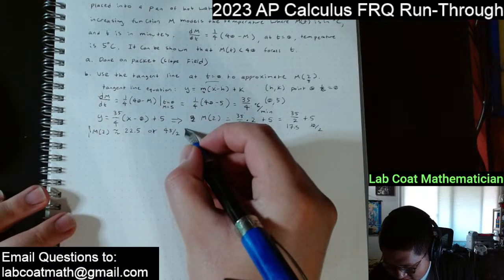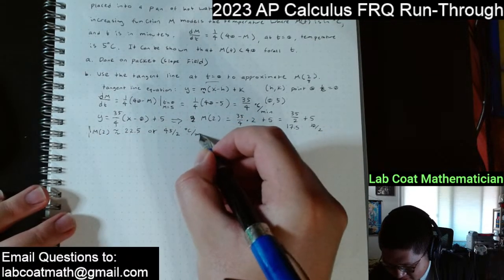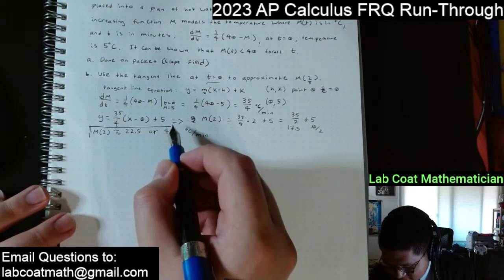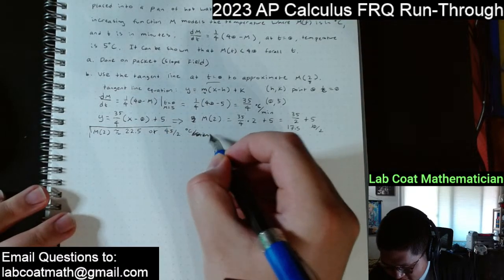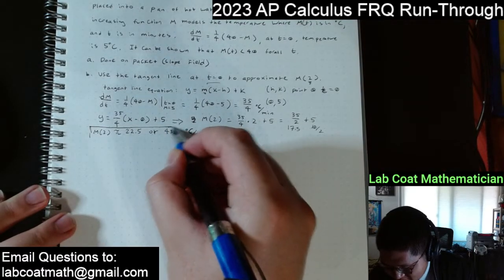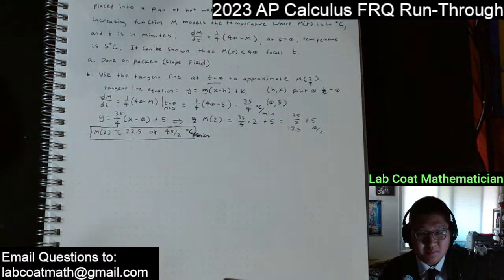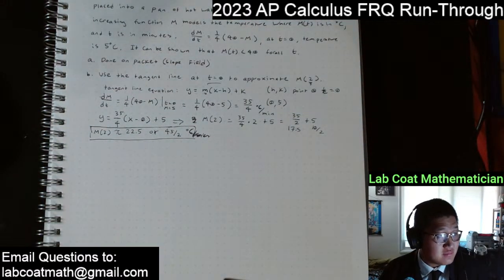The units here are just degrees Celsius, not per minute. Capital M is just the temperature of the milk, and we're approximating that at the 2-minute mark. Good, so that should be the way that we do this type of problem.